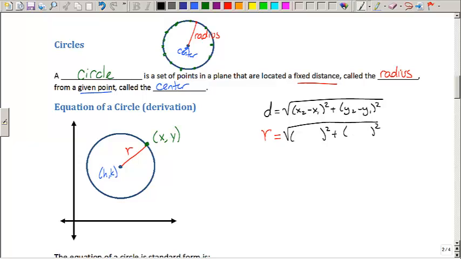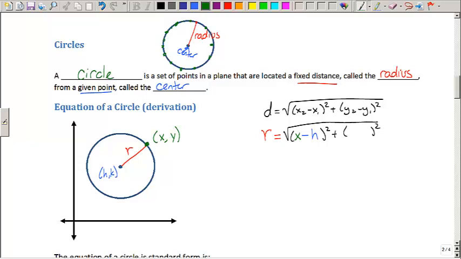For my x2 minus x1, I'm taking the x values and subtracting them. Well, what are my x values in this case? I have the green x, which is my variable, minus, because there's a minus in the formula, my x coordinate of my center, which in this case is h.